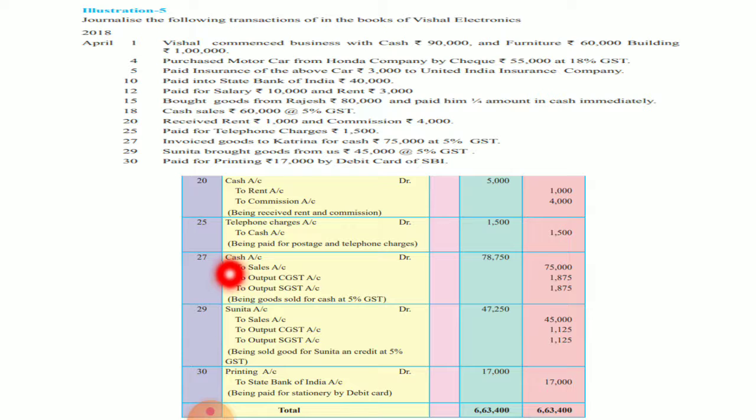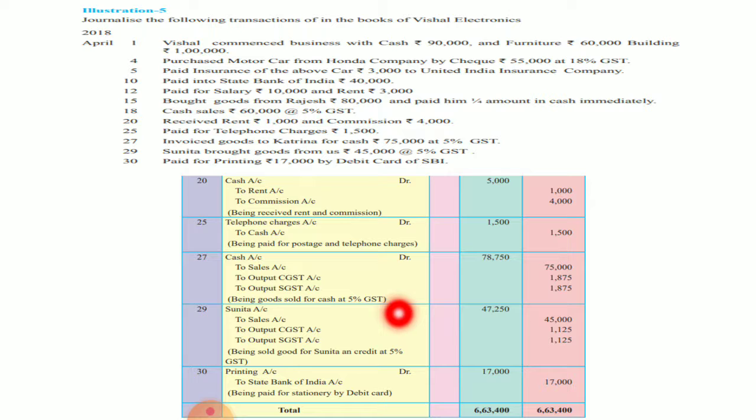So total is how much? 75,000 plus GST amount, that is 8,750, so 78,750. So cash account debit 78,750 to sales account 75,000 to output CGST account 1,875 to output SGST account 1,875, being goods sold for cash at 5% GST.